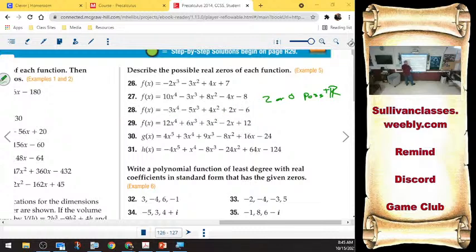Plug in a negative. Doesn't change, changes. Doesn't change, changes. I still see 2, so 2 or 0 possible negative reals. If it asks to describe all possible zeros, then I would also do the rational root theorem, where I'd say plus or minus all the factors of 6 over all the factors of 3.